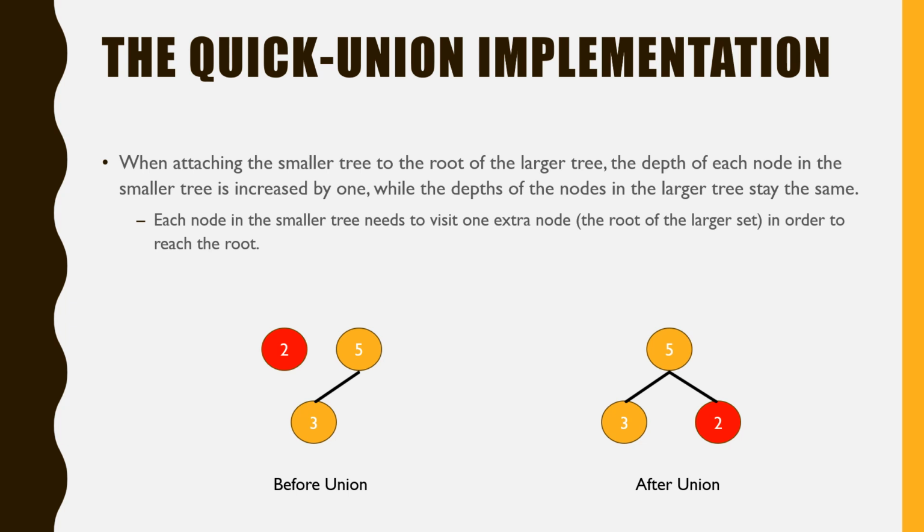This additional step occurs because the root of the larger set, in this case, element 5, is now part of the path. Meanwhile, the depth of nodes in the larger tree, such as elements 5 and 3, remains unchanged.